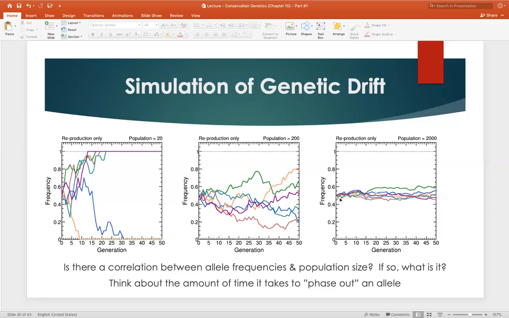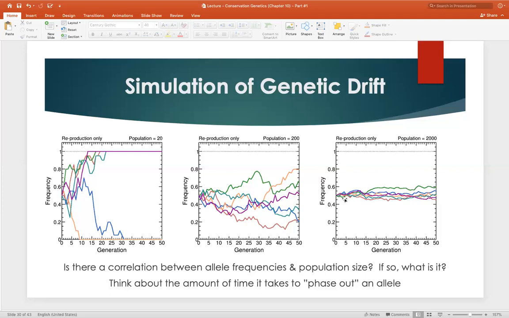One of the things I want you to notice, and this is roughly the same on each one of the graphs, regardless of the population, is that initially we're going to make the assumption that all of the alleles start with roughly the same frequency, roughly about 0.5 across the board for each one of them. I want you to note, moving away from those first couple generations, how does that frequency change in each one of those colored lines representing the different alleles?